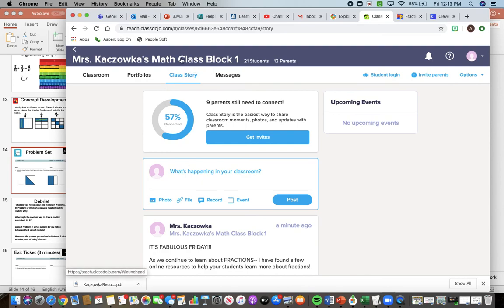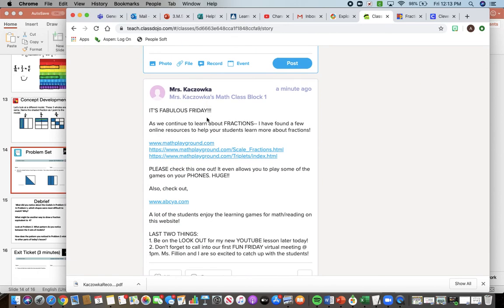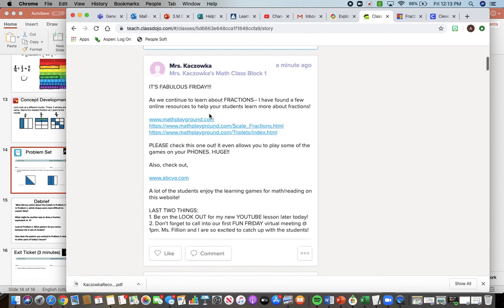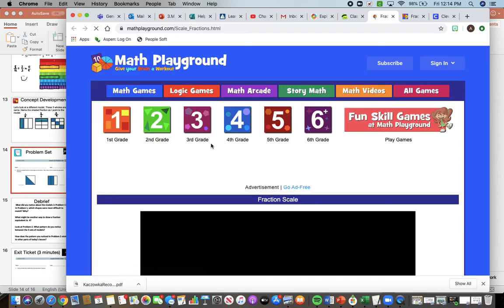They go on Class Dojo, they go to the class story, and they are going to look at the post I had earlier today, and it gives you all these different resources of things you can look at online. One of the things I would like for you to look at is the second link. It's called mathplayground.com, and you're going to click on Scale Fractions.